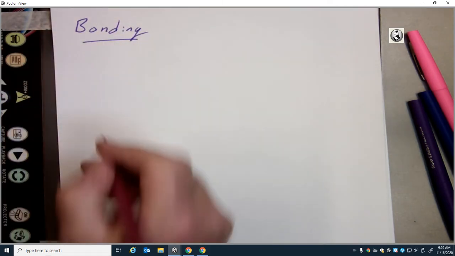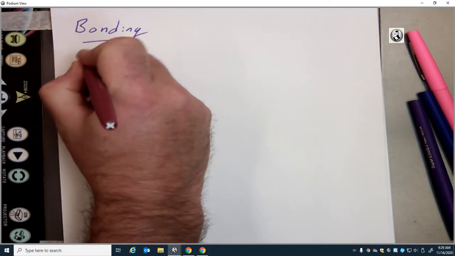So when we're talking about bonding, we're always talking about using the valence electrons.